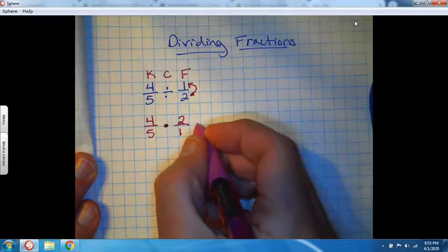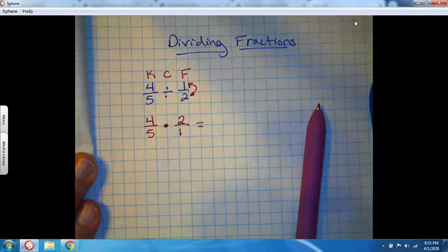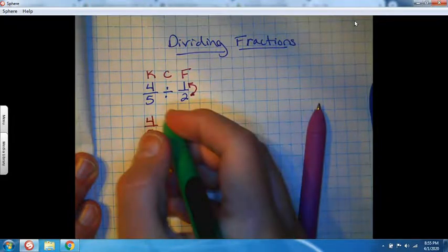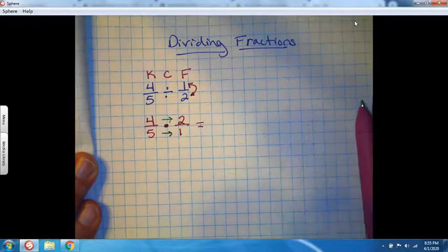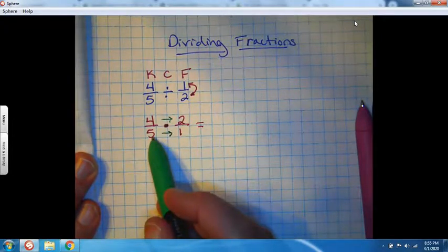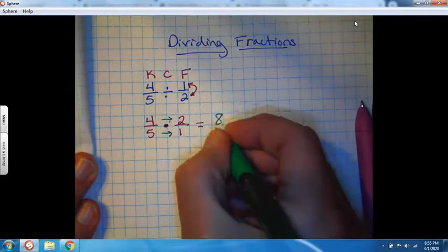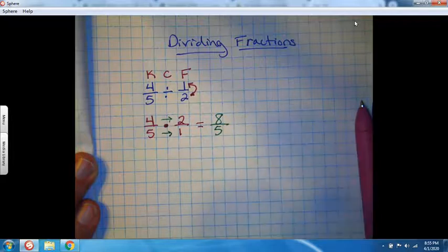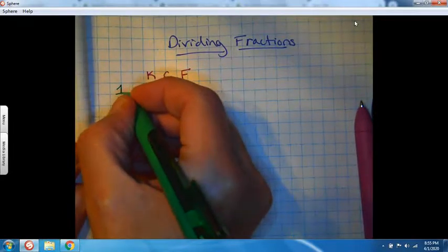And then very simple, multiply straight across the top, straight across the bottom, just like I showed you before. Now, cross products and simplifying, all the same rules. Can't do cross products here or here, so it just simply is 8/5. You can't simplify it, so there's number 1 already finished for you.